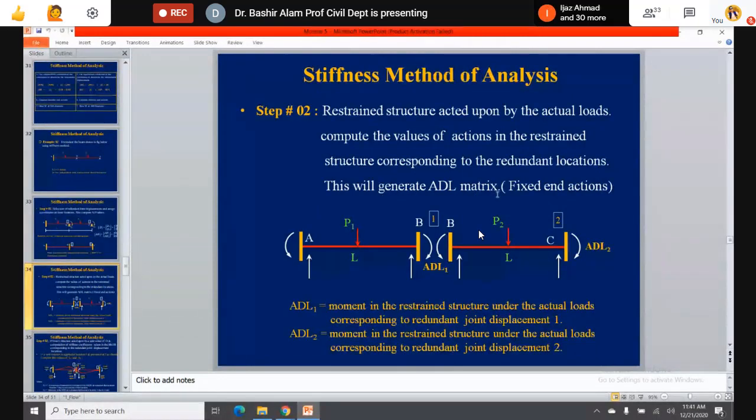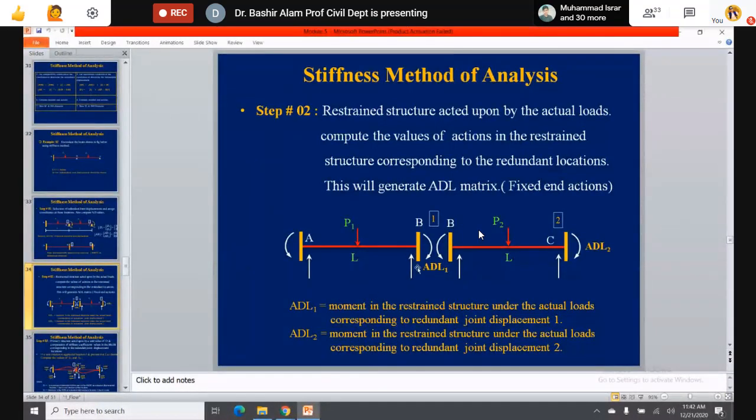This will generate the ADL matrix, so fixed end actions. Now to calculate the ADL matrix, this is fixed, means you can now separate this, and remember from B, movement is not going to transfer to BC. Similarly, from BC, movement is not going to transfer to BA. Fixed. It has the capability to resist whatever movement it is getting.